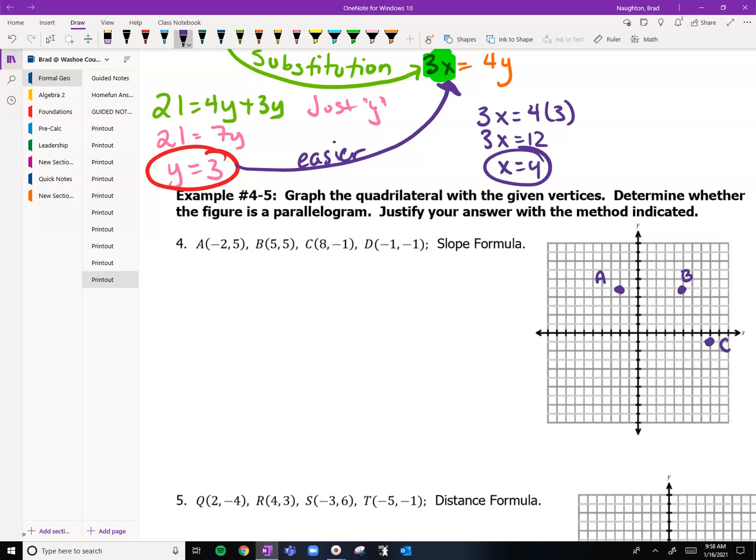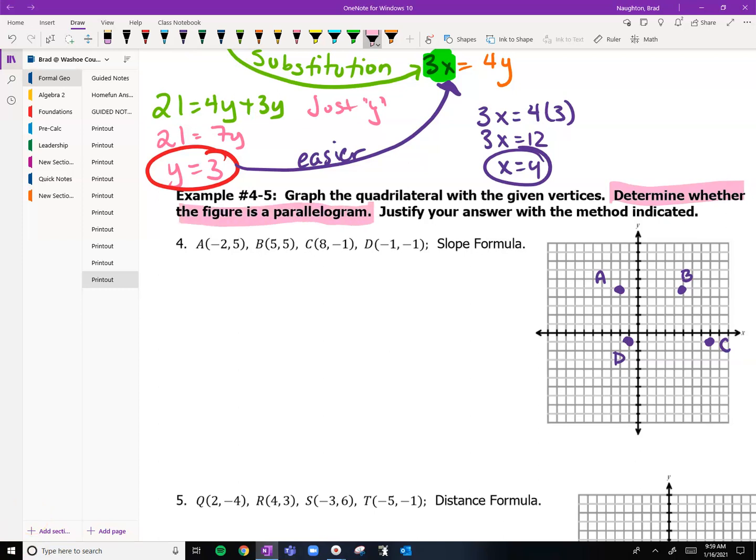There we have C. And then we have D is going to be negative 1, negative 1. All right.